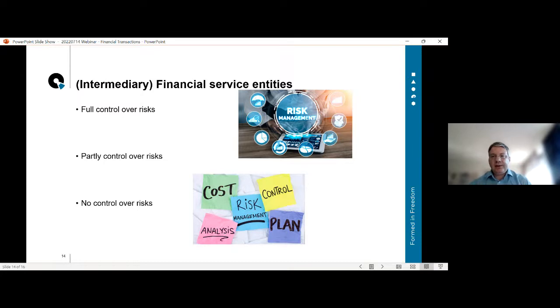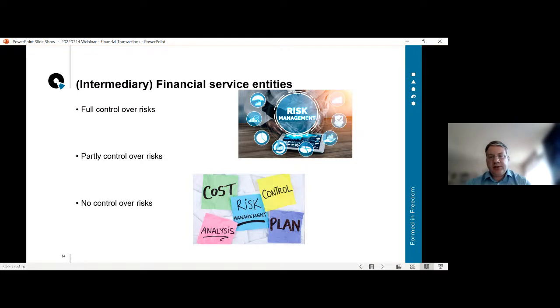And then we come into the gray area. That is everything that happens between those two. The decree describes the situation in which there is shared control over risks.